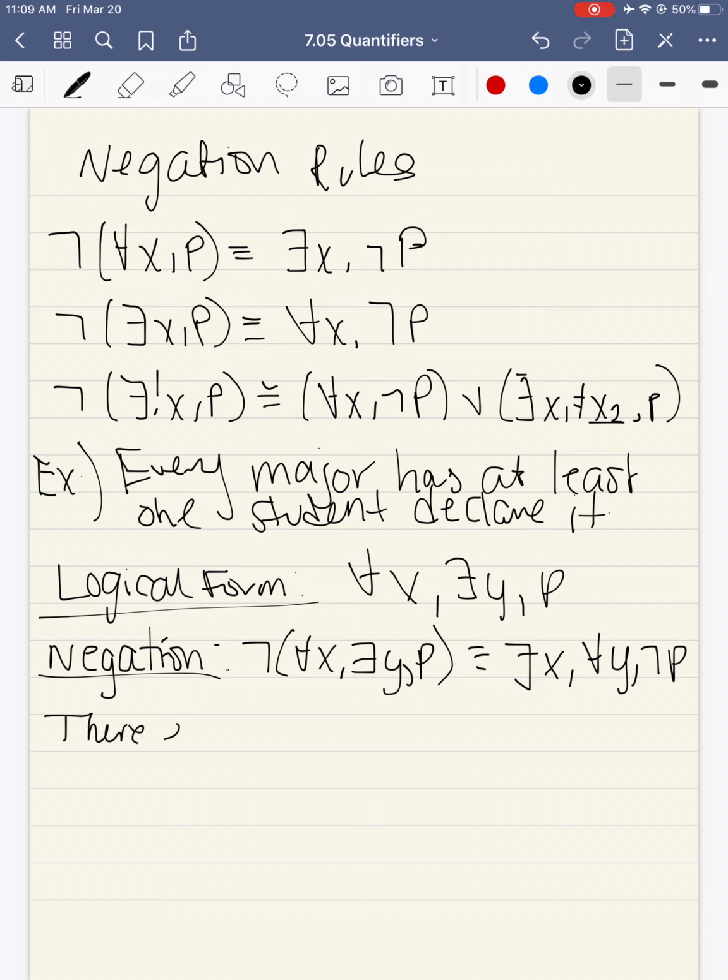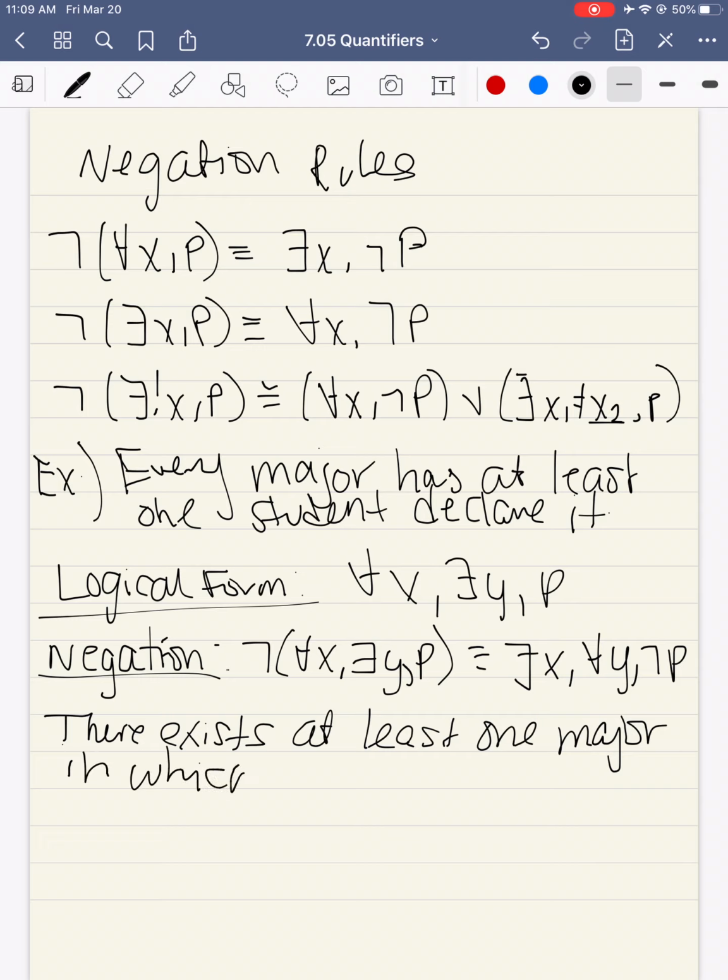So there exists at least one major in which all students do not declare it.